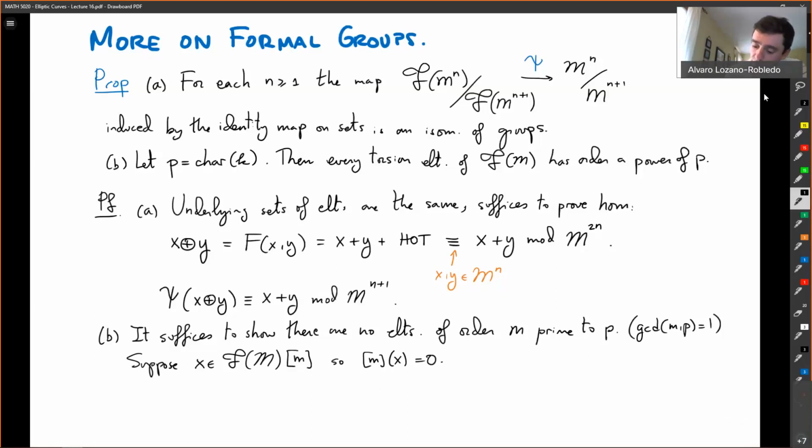But since m and p are relatively prime, that tells me that m itself cannot be in the maximal ideal.